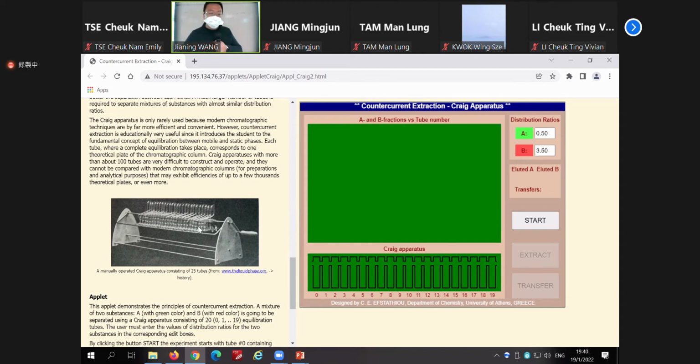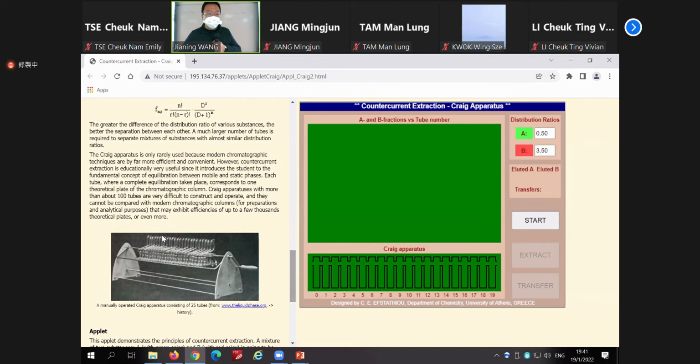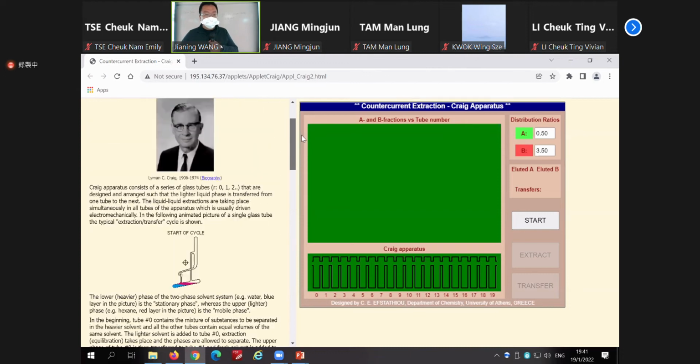Each unit can do one liquid extraction. This apparatus in this picture has 25 units. This is the structure of one unit. Two immiscible liquids are mixed in one tube, and it can pour into another tube.